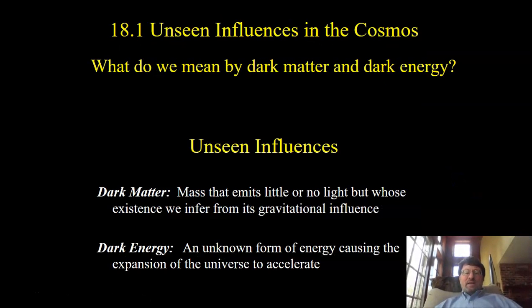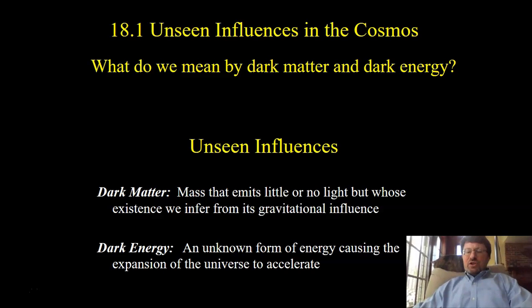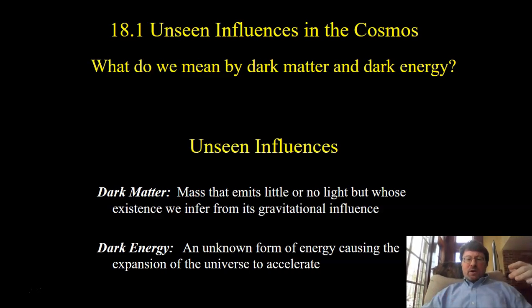Section 1, Chapter 18, Unseen Influences in the Cosmos. We want to start out by giving you a definition of what dark matter and dark energy are. These are two separate things that are often confused with one another by people who are just learning about the subject.